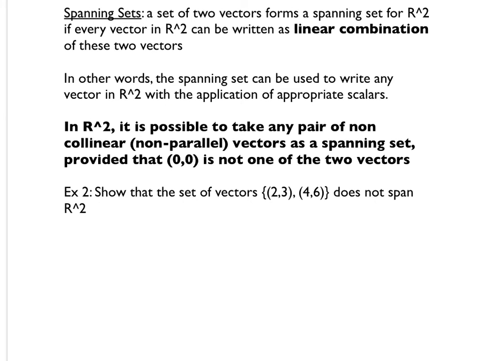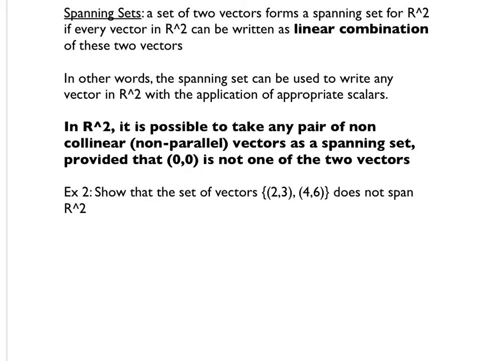So now let's go back to our rule. In R2, it is possible to take any pair of non-collinear, non-parallel vectors as a spanning set, meaning you can create an infinite number of linear combinations with them, provided that 0, 0 is not one of the two vectors.